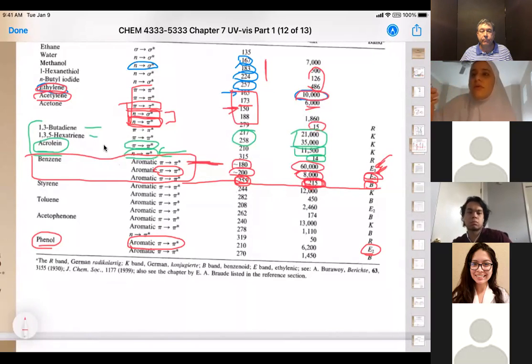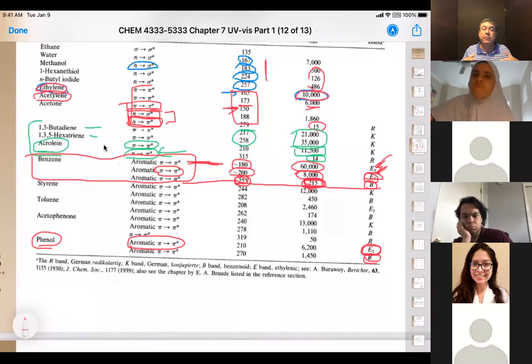I'm talking about the phenol. So this E2 band is given rise by the fact that it has an atom with non-bonded electrons. And this is just the benzene ring itself. So why is it not showing the E1? It might be overlapped with the E2.